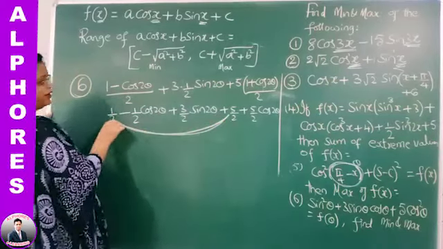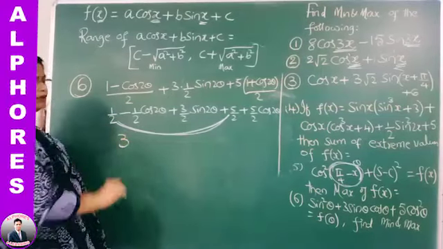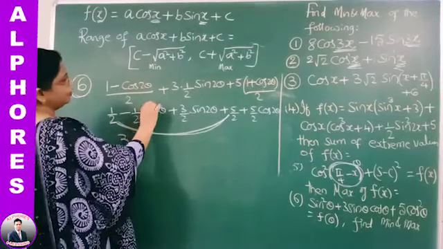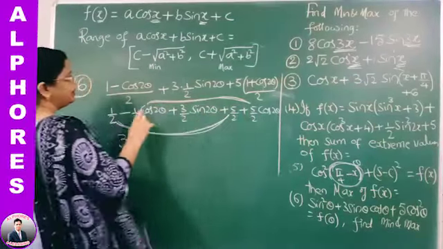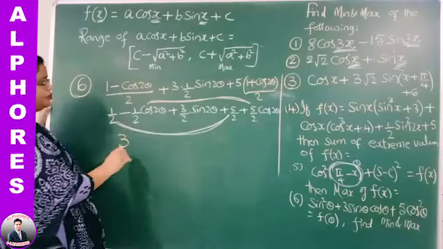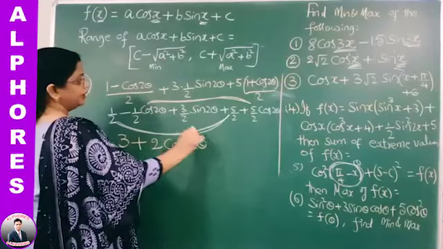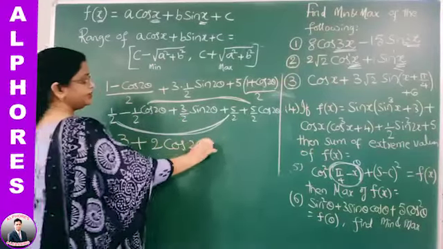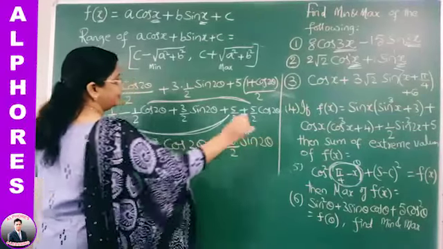This is 5 plus 1, what is the value? 6. 6 by 2 means 3, and next the cos 2 theta value you observe here. Understand, 5 by 2 minus 1 by 2. What is the value? 4 by 2. 4 by 2 means 2. Therefore, this is plus 2 times cos 2 theta. And next this value is plus 3 by 2 times sin 2 theta. Understand students?